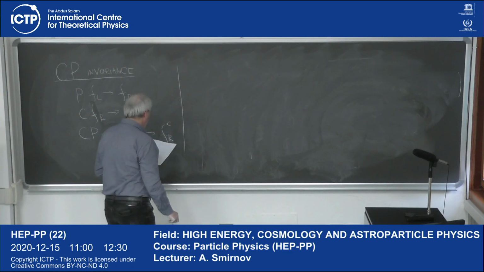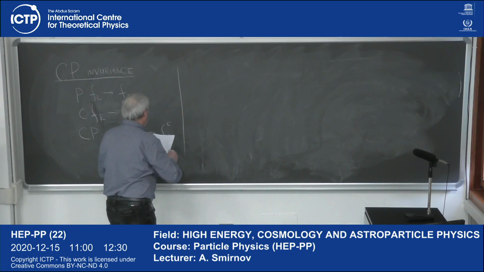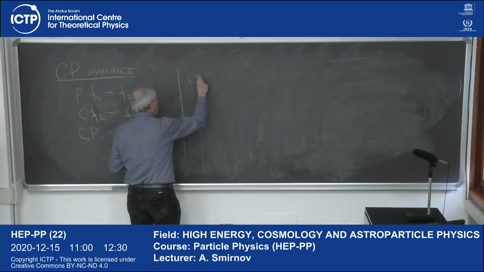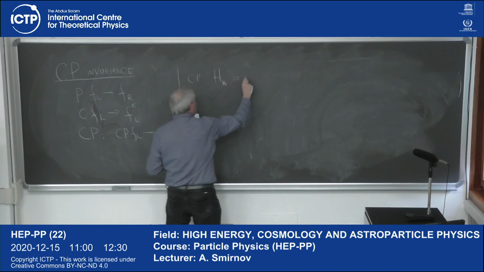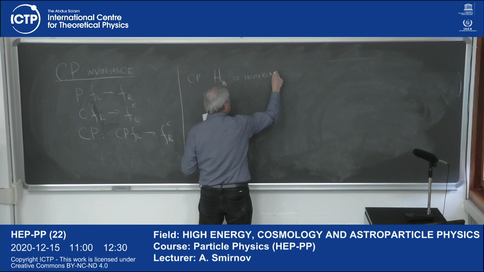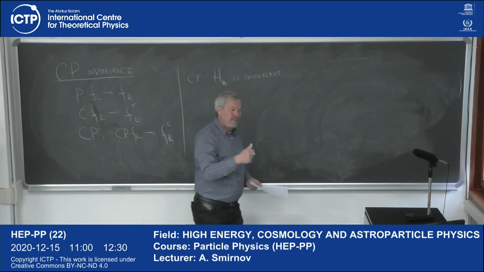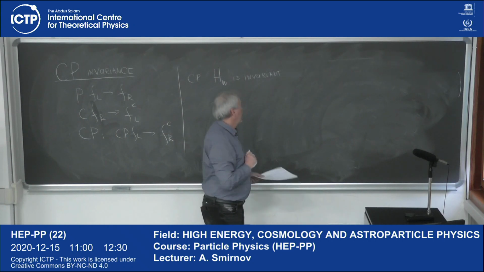Now, if you take the Lagrangian or Hamiltonian of weak interactions, it turned out that under CP, the Hamiltonian is invariant. If you do a P transformation, the Hamiltonian is not invariant.